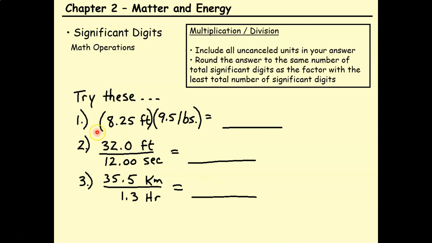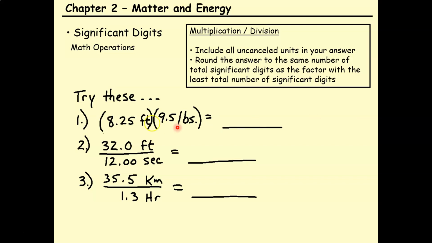So math-wise, I would take 8.25 times 9.5. Now, where do I round the answer here? When I'm multiplying and dividing, I'm going to round the answer to the same number of total significant digits as the factor, the piece of data, that has the least number of total digits. So now it's not the column that I'm worrying about, it's the total number of digits.